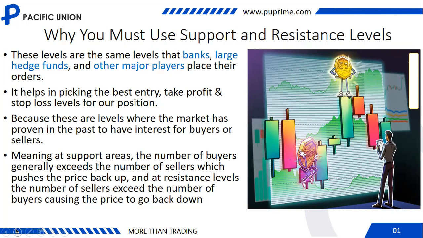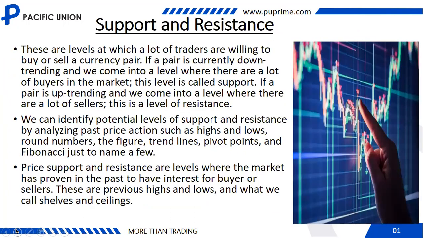That is what will drive the price back up. As the price is coming down, it means selling is in action. When it gets to an area and starts going up, it means buyers are in action. Support and resistance are levels at which a lot of traders are willing to buy or sell a currency pair.